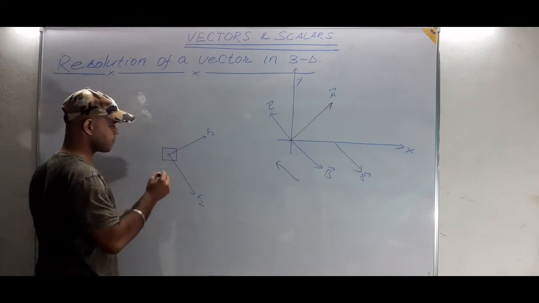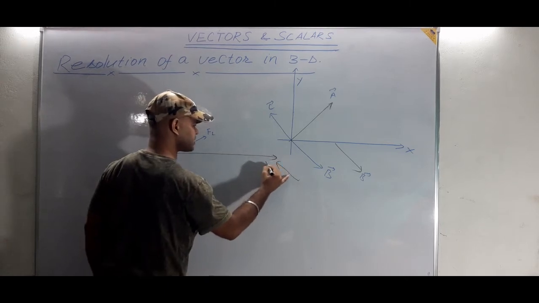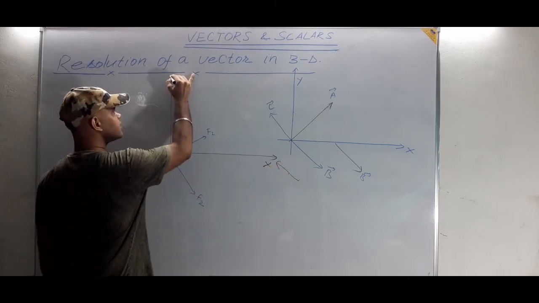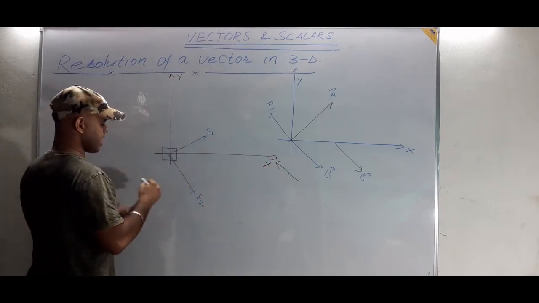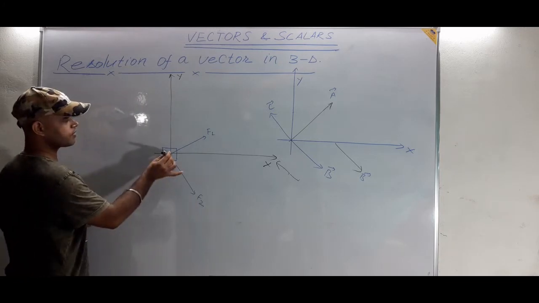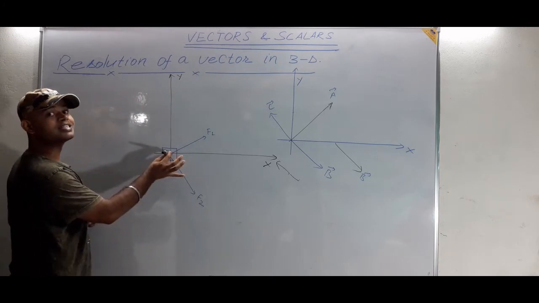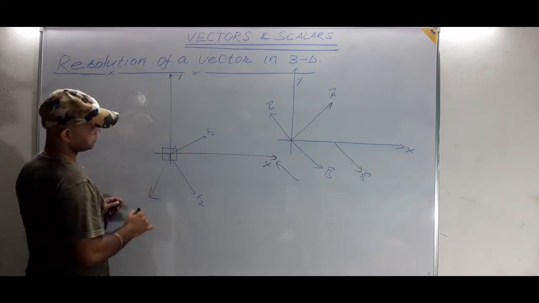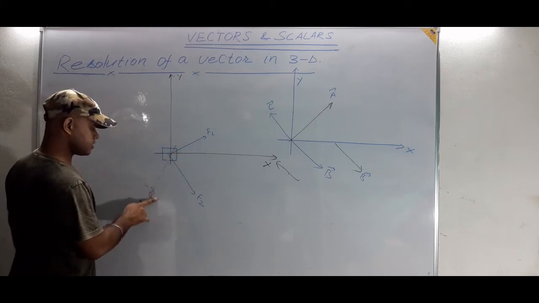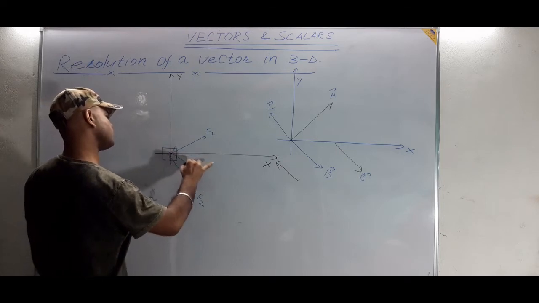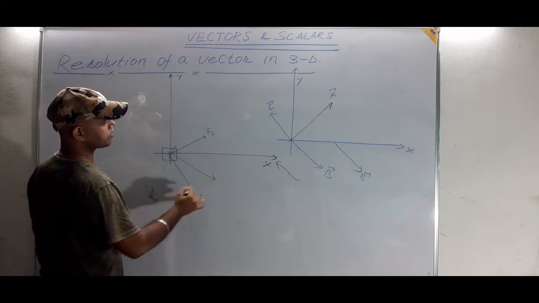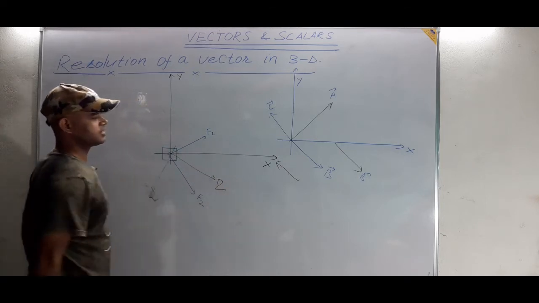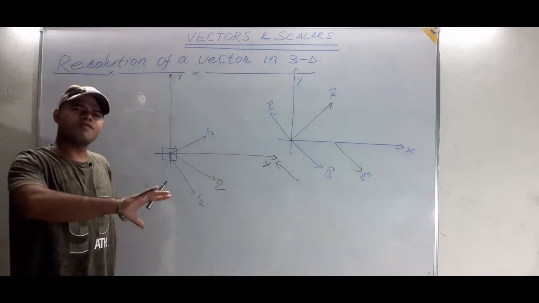So now we have one as x-axis, another as y-axis, and perpendicular to the plane of the board, this is called z-axis. Let me draw it perpendicular to the board. Assume this is perpendicular to the board. This is called z-axis. Now we can resolve any vectors.